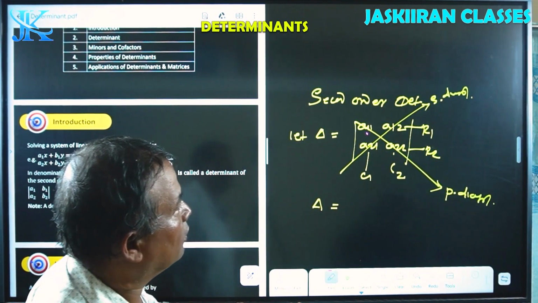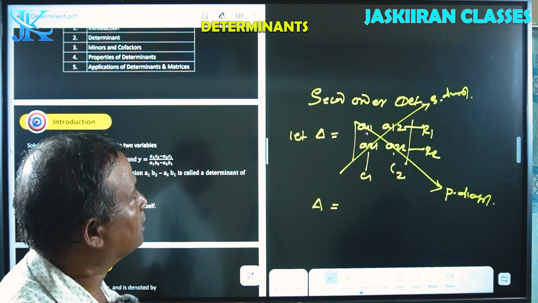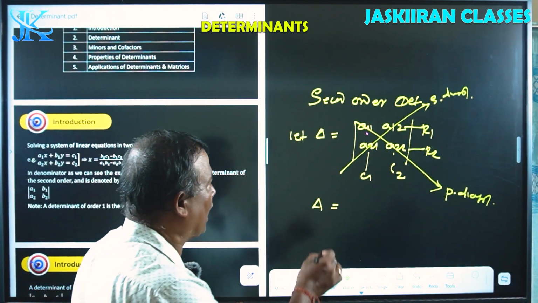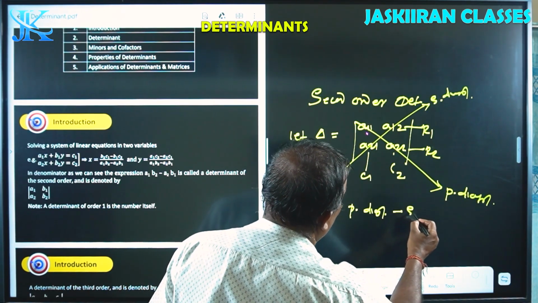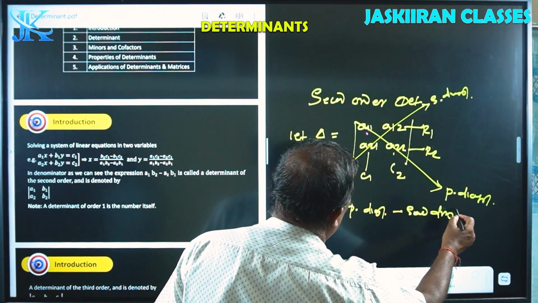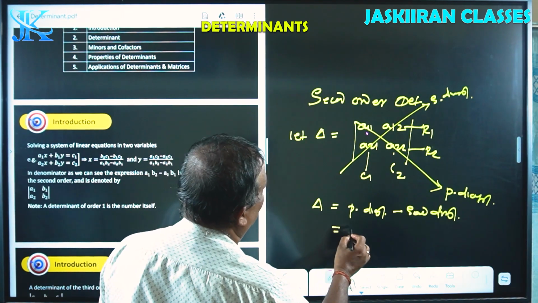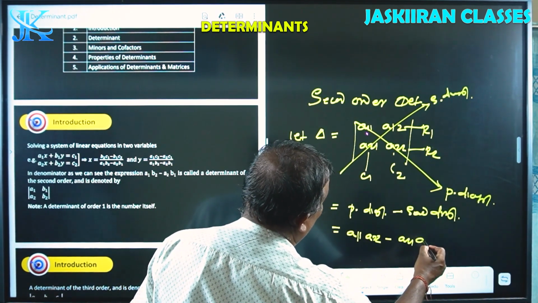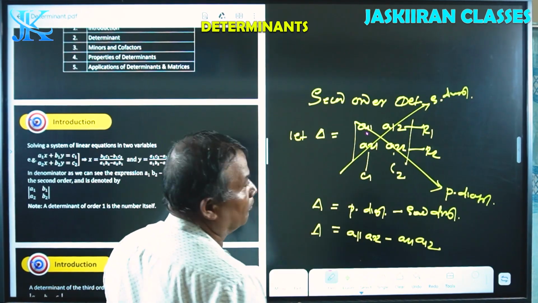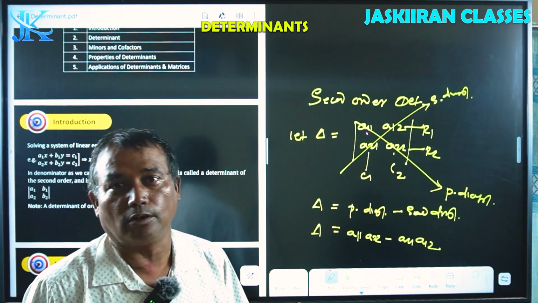Expanding the second order determinant, the value is the principal diagonal minus the secondary diagonal, that is a11 a22 minus a21 a12.